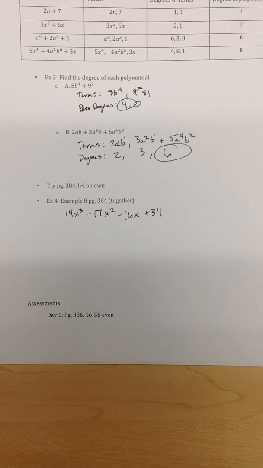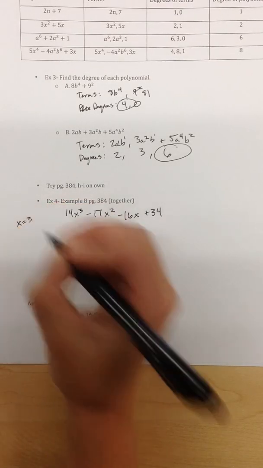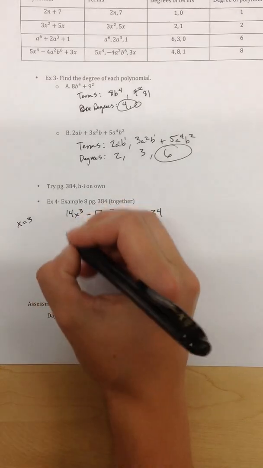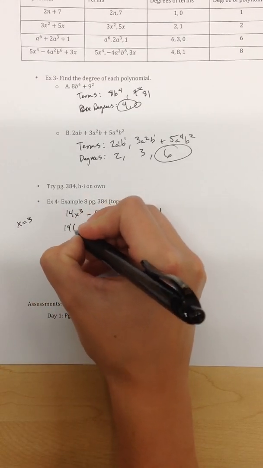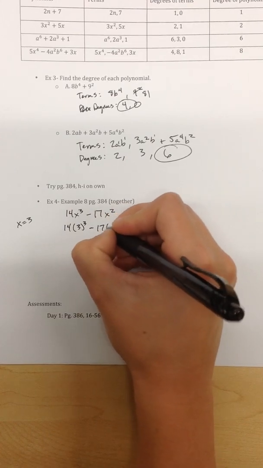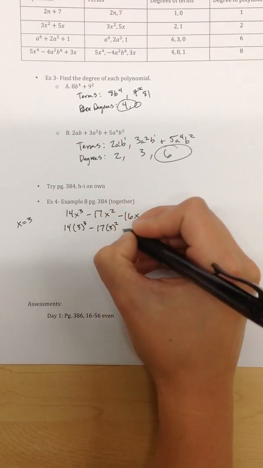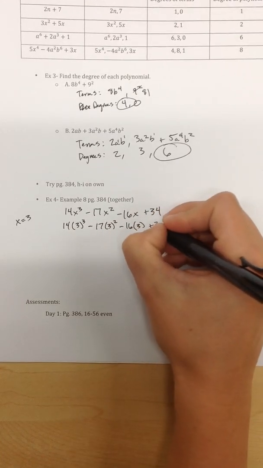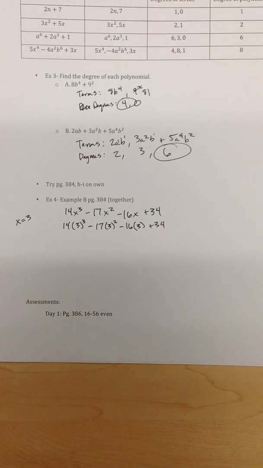So basically we know our x is equal to 3. So what we're going to need to do here is plug that 3 in for the x and then solve this out. So we'll have 14 times 3 to the third minus 17 times 3 squared minus 16 times 3 plus 34. Then we just work our way down and simplify each of these out.